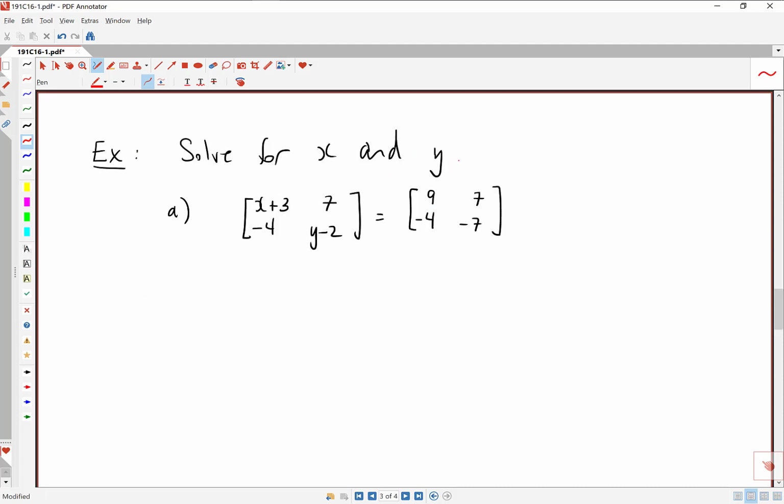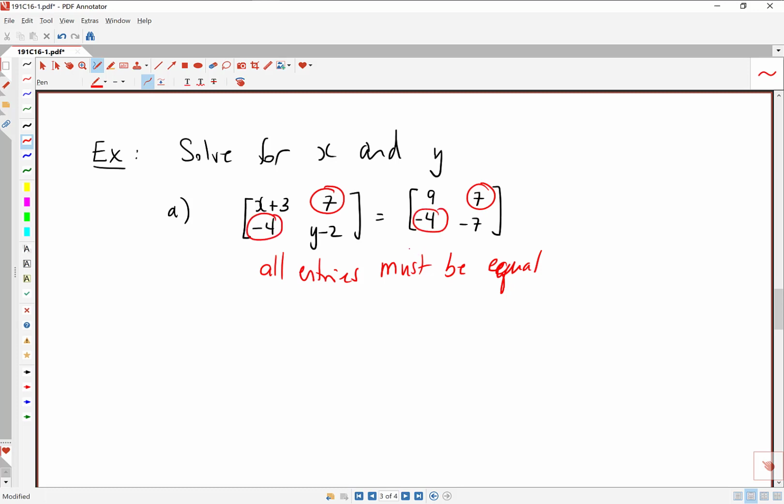So we're going to do one last example where we solve for x and y. We're told that these two matrices are equal. So the idea is that when you have two matrices that are equal, all the entries in the matrix must be equal. So that should allow us to solve for x and y. Okay, so let's just confirm. Entries in the top right, they're equal. Entries in the bottom left are equal.